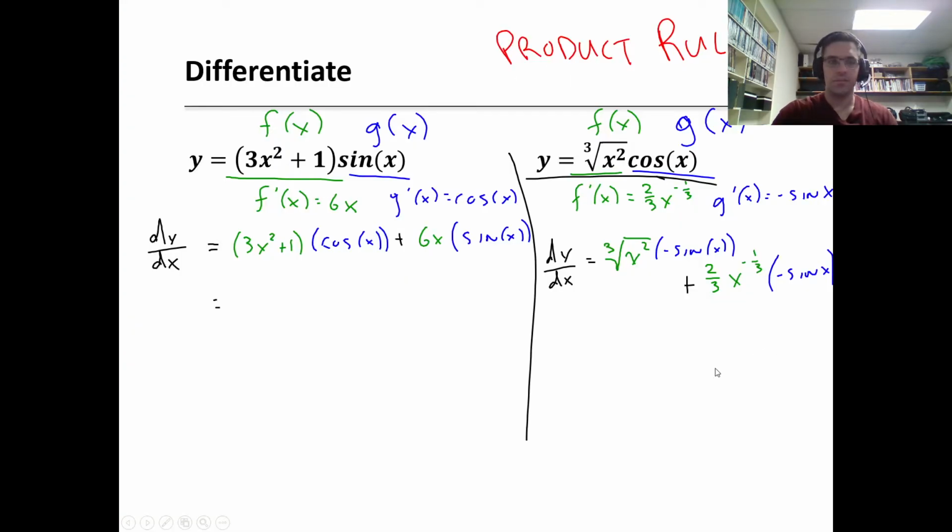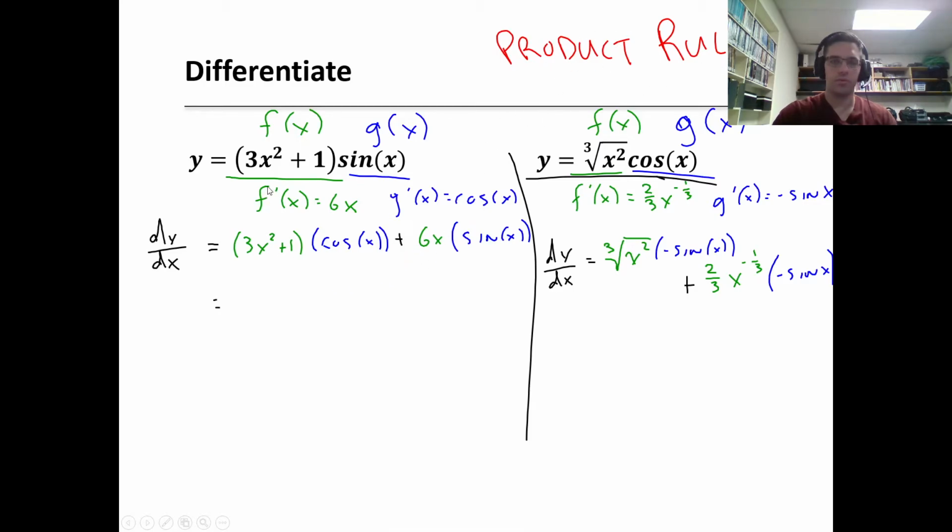Let's look at some examples here. Can you identify the two functions being multiplied together in each of these examples? In the first one, we have a polynomial times a trig function. The second one, we have a radical times a trig function. So if I quickly identify my f of x, g of x, f prime of x, and g prime of x, then I can plug those into our product rule.